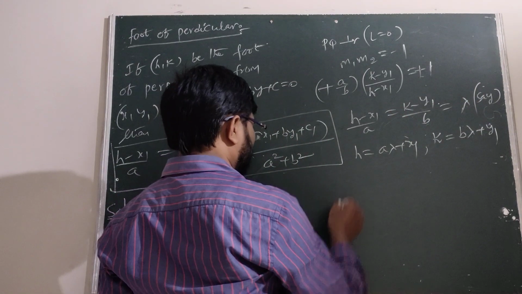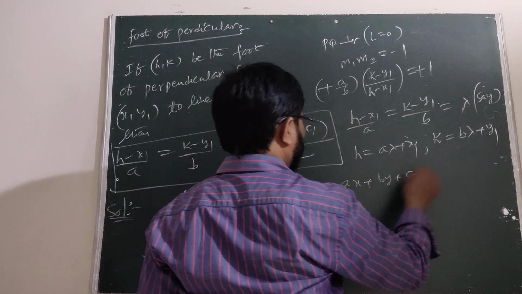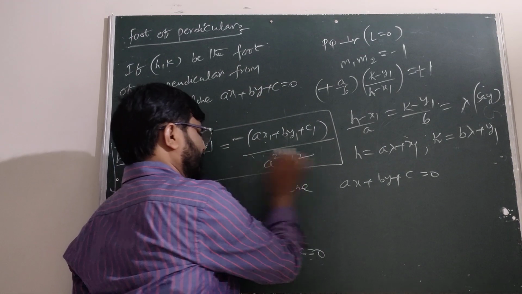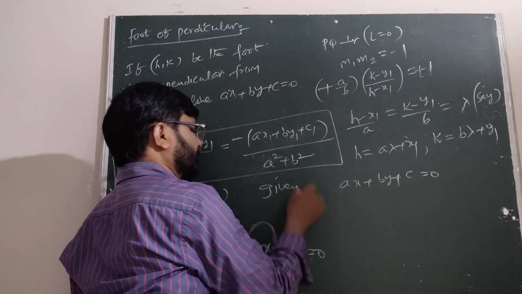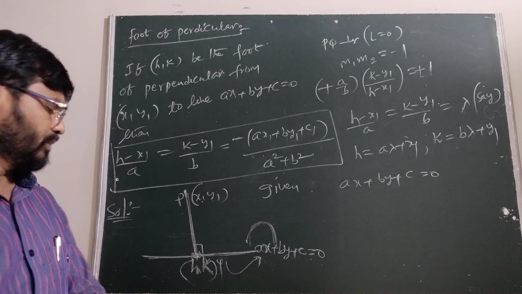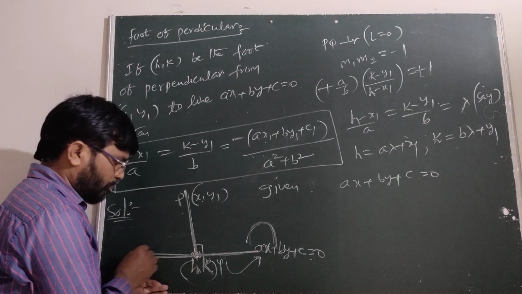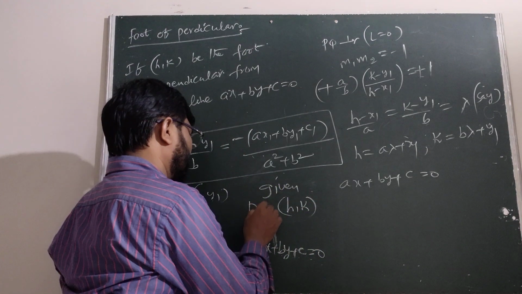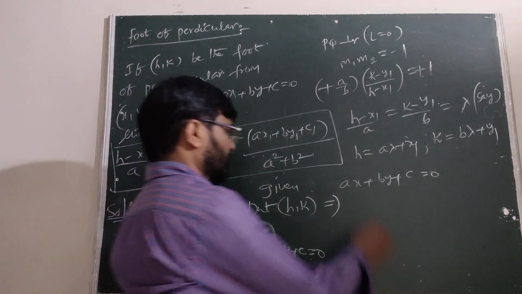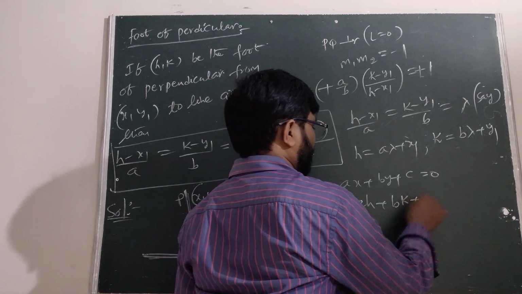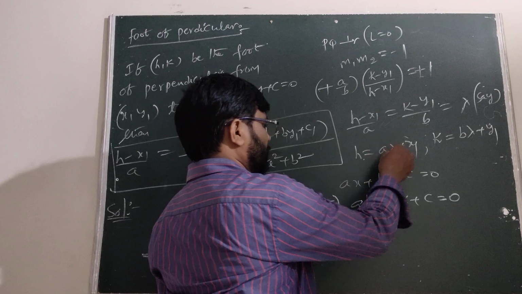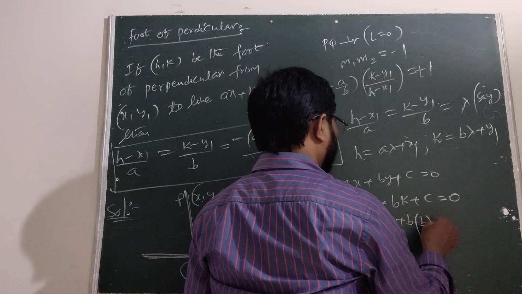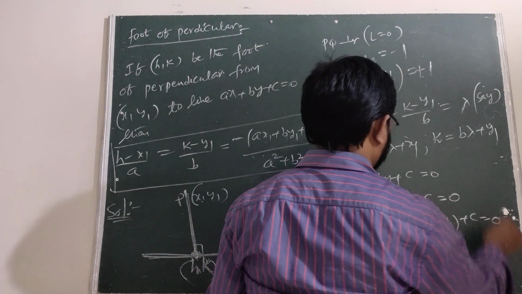Here ax + by + c = 0 is the given line. Now (h, k) is passing through the line, that means substituting (h, k) in the line: ah + bk + c = 0. a times h is a(a lambda + x1), b times k is b(b lambda + y1), plus c equals 0.